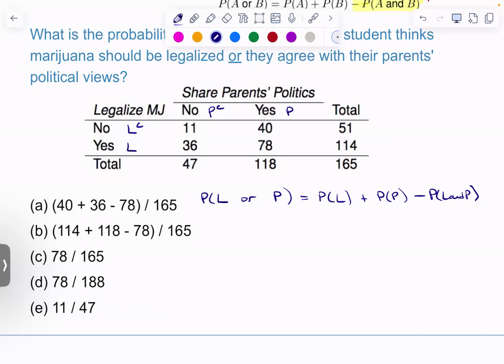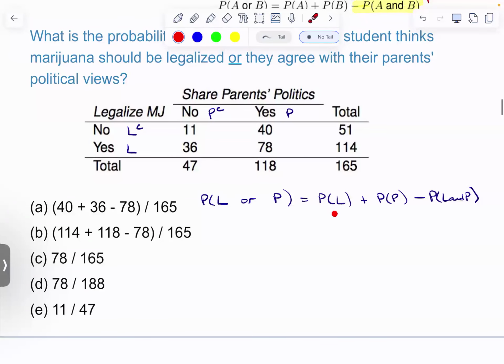And so now we need to find the probability that they think that they should legalize marijuana. Now that's going to be regardless of if they share their parents' politics, and so that's going to be this 114 out of all of them, 165. So this is going to be 114 out of 165.